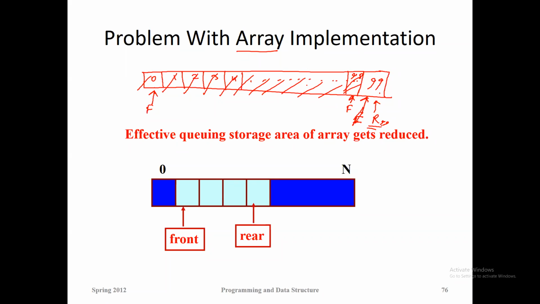So obviously there are 98 positions which are free, because your queue size is 100, so you can keep 100 elements. There are 2 elements, so still you can put 98 elements, but where will you put? Because the rear is pointing to the last one. So where do you put the 98?